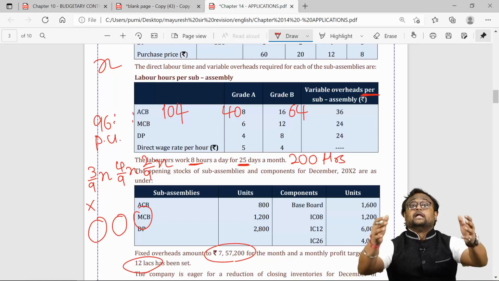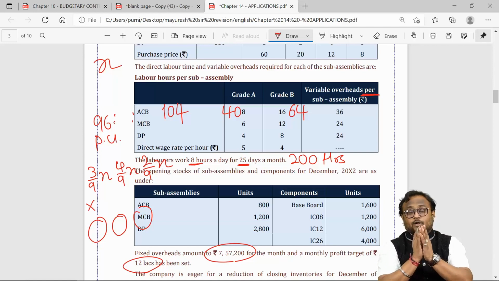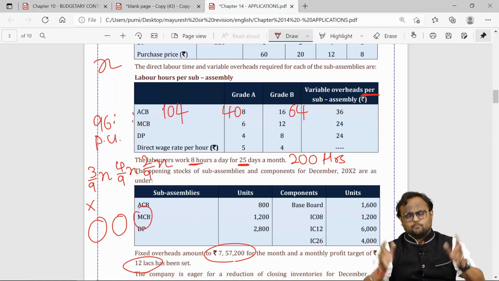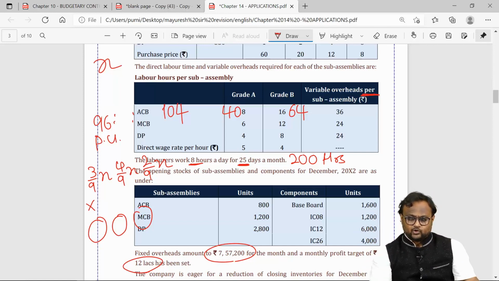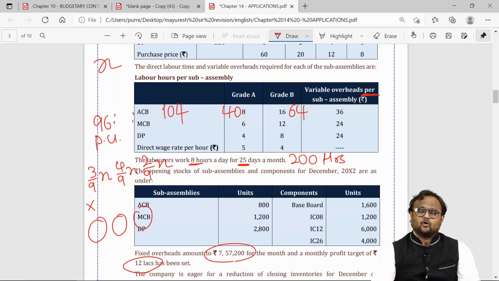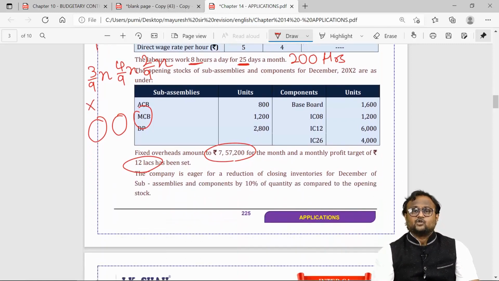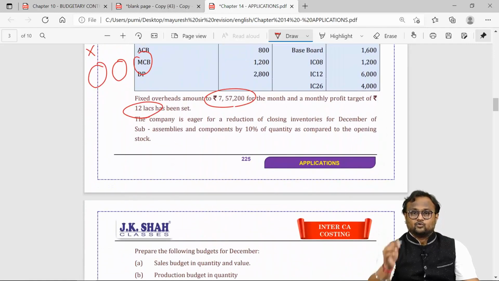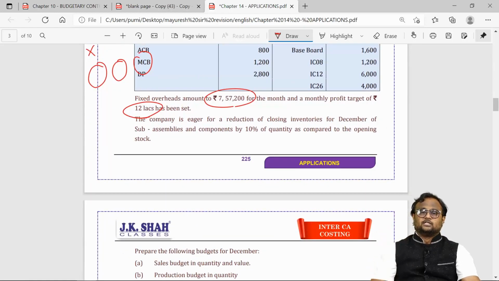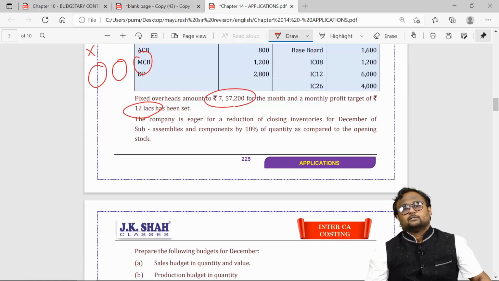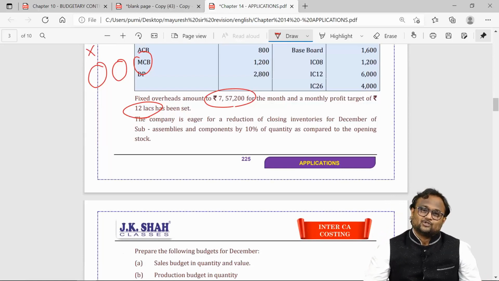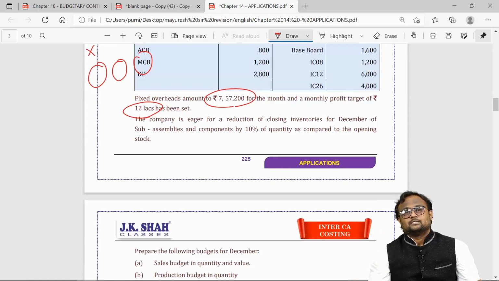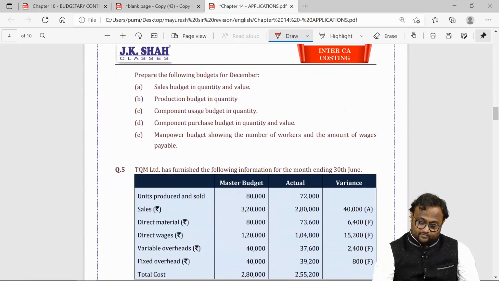Merge that, that will be your total contribution. Equate it with 19,57,200, you will get value of X, and value of X is your total quantity. Split that in the ratio 3:4:2 to get the sales quantity. And once you get sales quantity, multiplied by selling price will give you sales budget, and that will be your first answer.